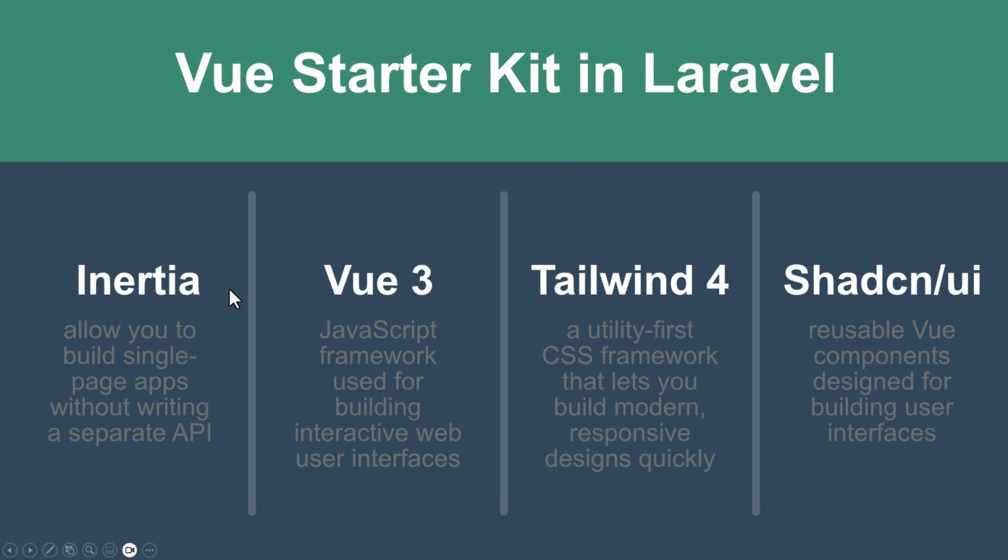It also interacts with Vue 3, which is a JavaScript framework used to build interactive web user interfaces. Tailwind CSS version 4 is a CSS framework that allows you to build modern responsive design quickly. Shadcn UI will provide you multiple Vue components designed for building user interface. If you don't know how to use it, don't worry about it. I will teach you step by step.